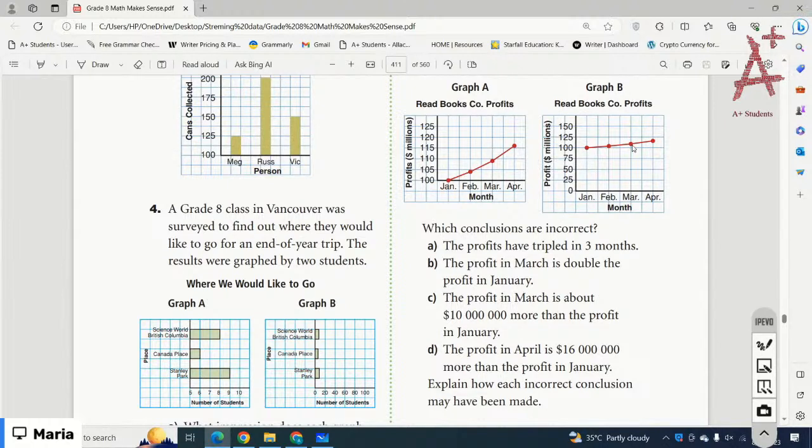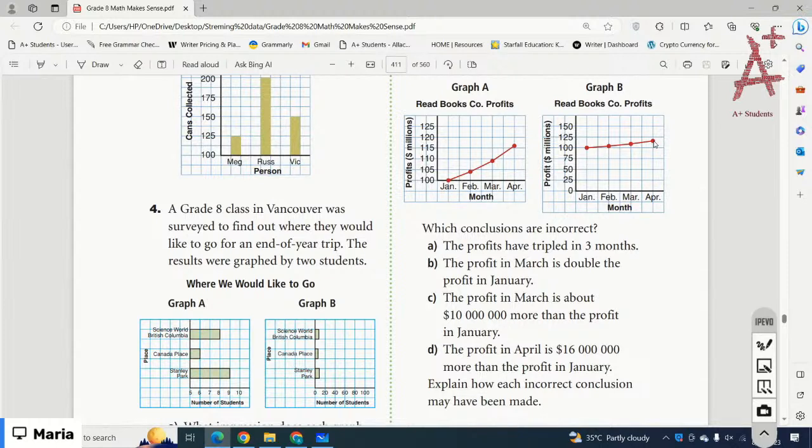Okay, just look at the conclusions. The first one is the profit has tripled in 3 months. No, it is not tripled, right? It starts from 100 million in January, and in March it is still less than 125 million, right? That means the profit is not tripled, right?